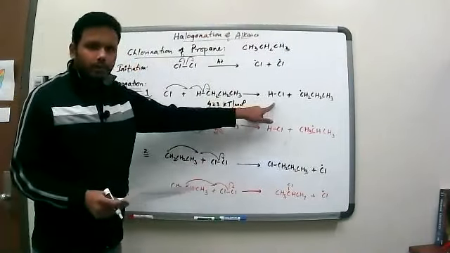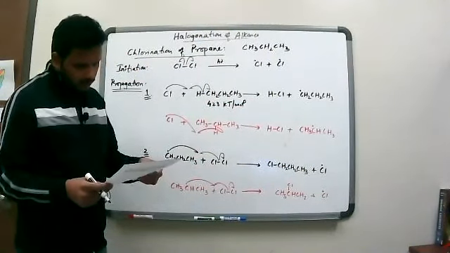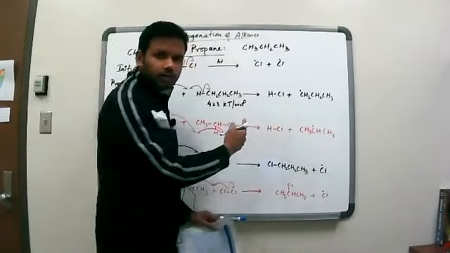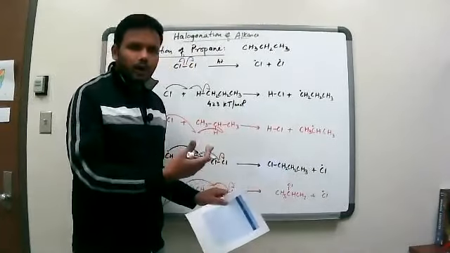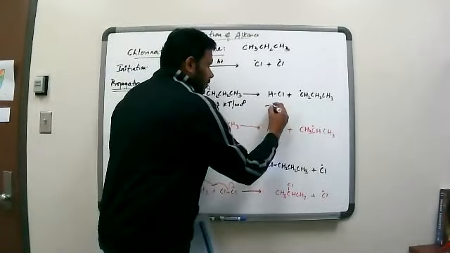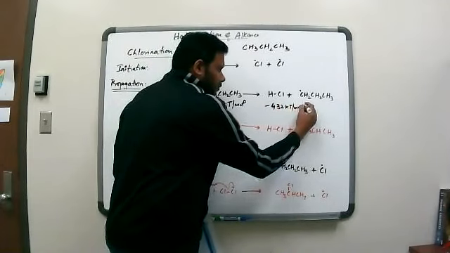On the product side, we have HCl, and we already had that number. This was 432, but HCl is a product. It's a bond that was formed, so it should be negative 432 kilojoules per mole.